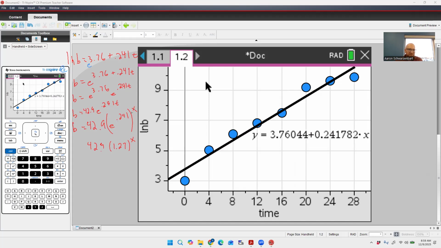So when you have these, you multiply the exponents, and then they did e to the 0.241 is 1.27. So they took this answer, which is perfectly legitimate, unless they say show, and say you have to get it to this.